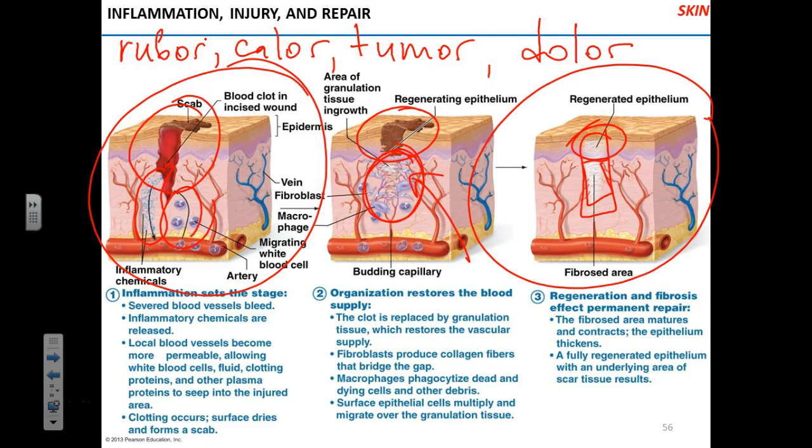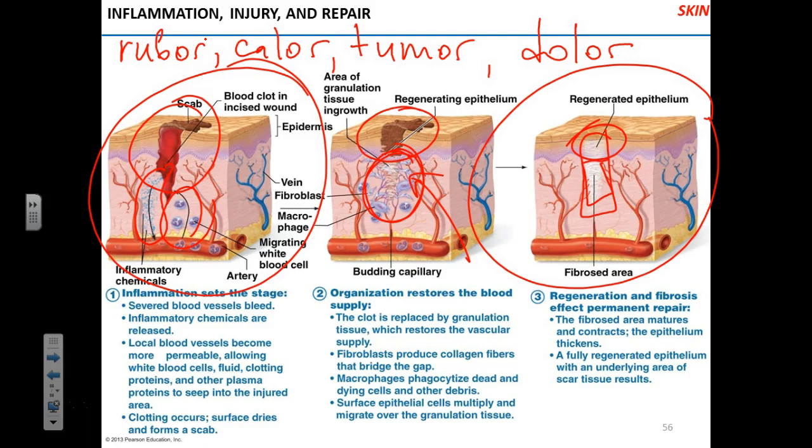But here's some food for thought. What if you have some sort of injury, like myocardial infarction, dead tissue in the heart? That's injury, right? What's going to be the response to injury? Inflammation.